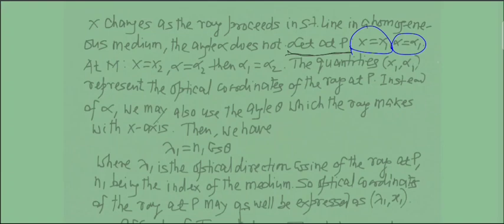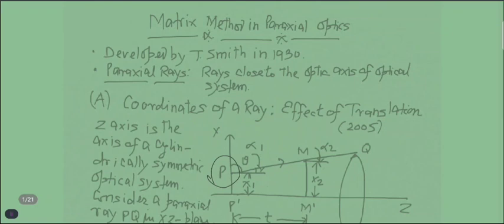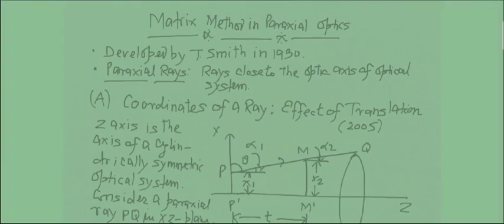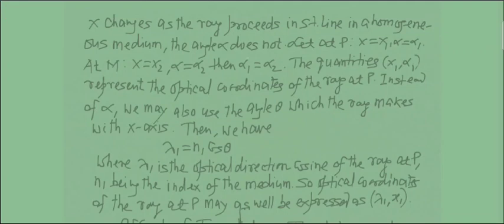The subscript 1 denotes point P and the subscript 2 denotes point M. And at M, x equal to x2, alpha equal to alpha 2. Then alpha 1 will be equal to alpha 2 by simple geometry.